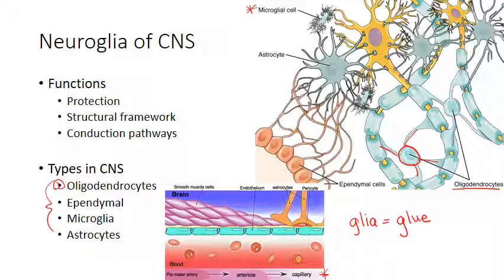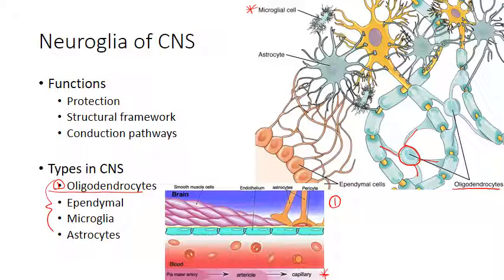I'm going to try and figure out a way to sort of write some of these details on here for you. Let's see. I might just have to do this one by one. We'll start with number 1, so that's going to be our oligodendrocytes.